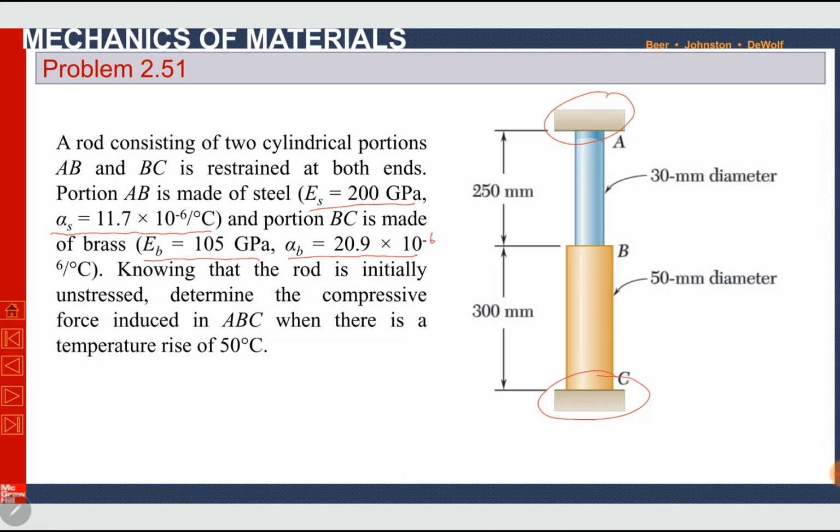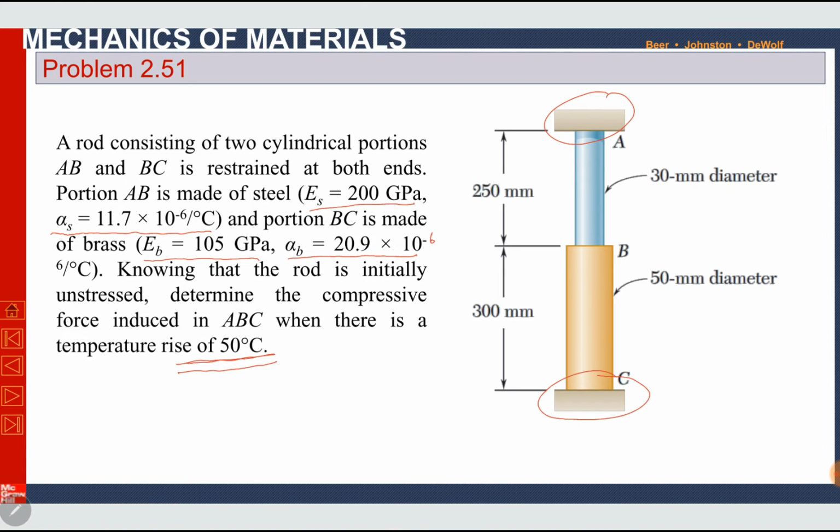Initially unstressed means there are no loads being applied and the temperature is room temperature or constant temperature. So there is no elongation or compression in the two rods AB and BC. After we apply heat, there is a temperature rise of 50 degrees centigrade.